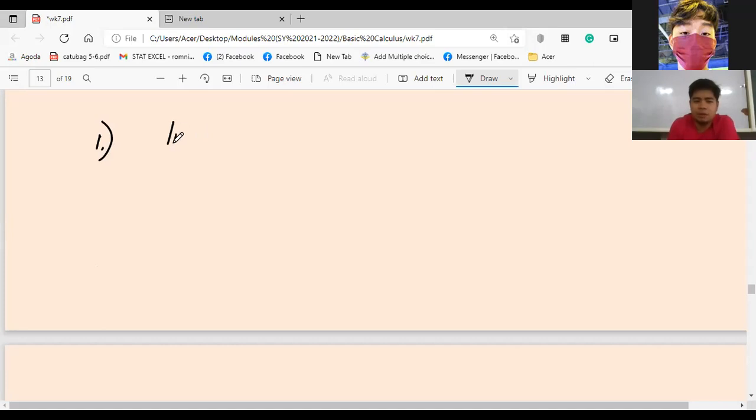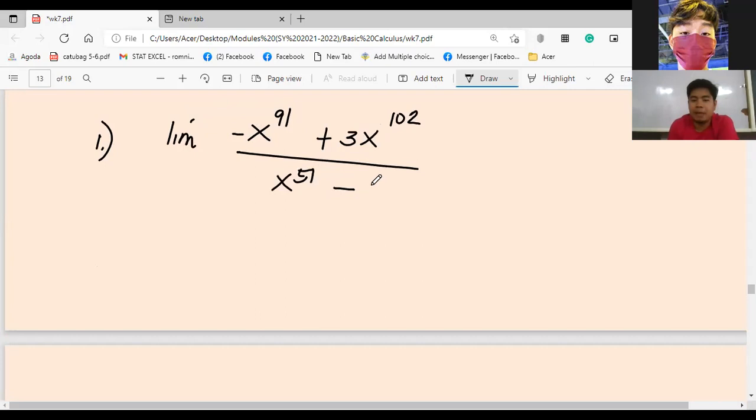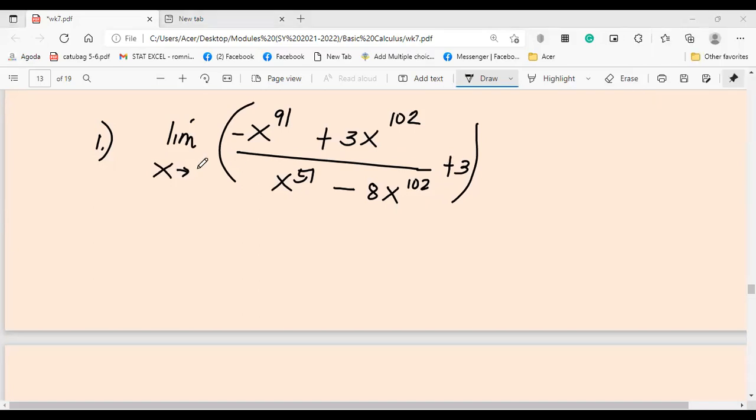What is the limit of negative x raised to 91 plus 3x raised to 102 over x raised to 51 minus 8x raised to 102 plus 3, as x approaches infinity.